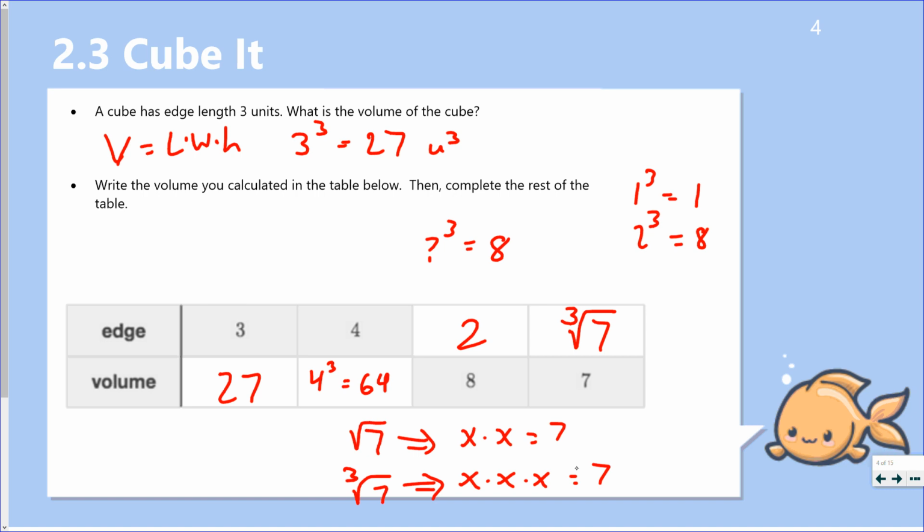So if I wanted to write, say, the 7th root of 10, then that's x times x times x times x times x times x times x equals 10. And that's got to be a pretty small number, so that 7 multiplies will only get you to 10.